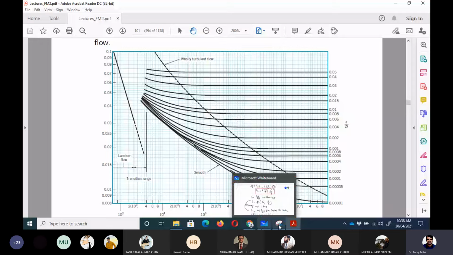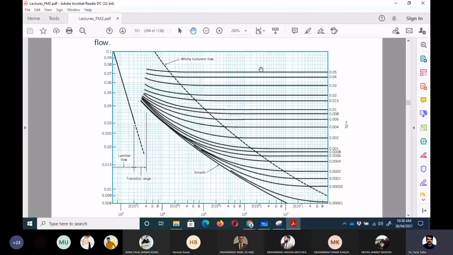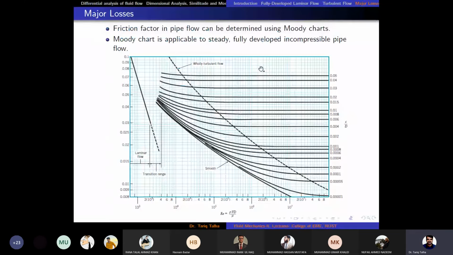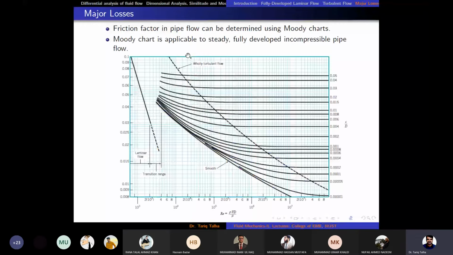This Moody chart was given in, I think, 1944, and after that a scientist named Colebrook, because this is a semi-log scale, so it is very difficult to get the correct value of friction factor, gave us the relation for non-laminar pipe flow, which means transitional flow and turbulent flow, which are these curves after the 4000 value.